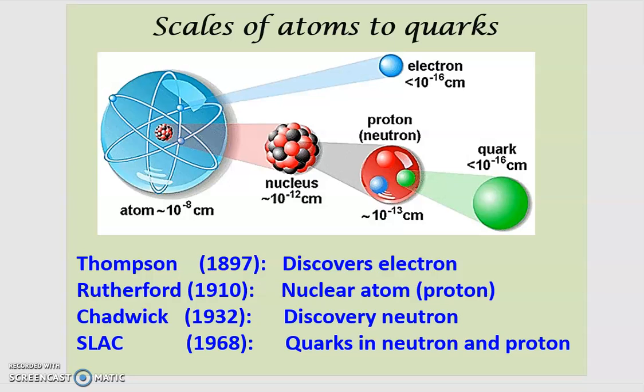Here is the timeline of when people discovered the structure of the atom. You can see that people found the electron first, then the nucleus, then neutrons, and eventually quarks in the neutron and proton. So the advance of science was step by step.